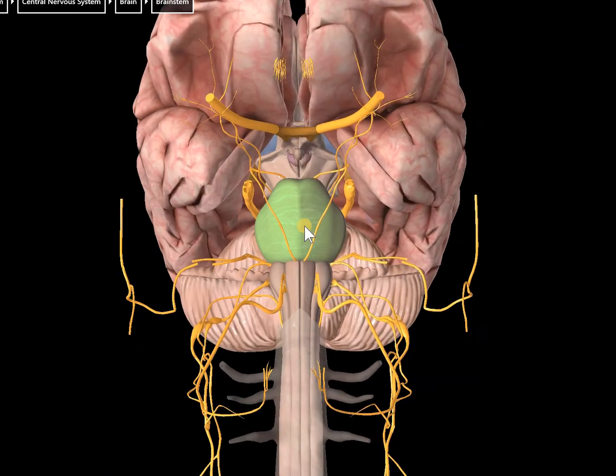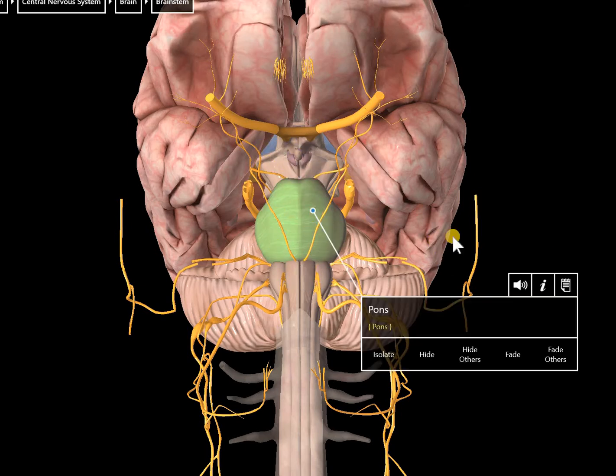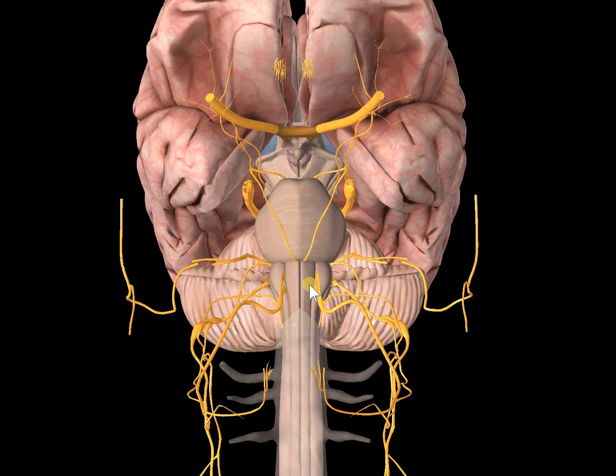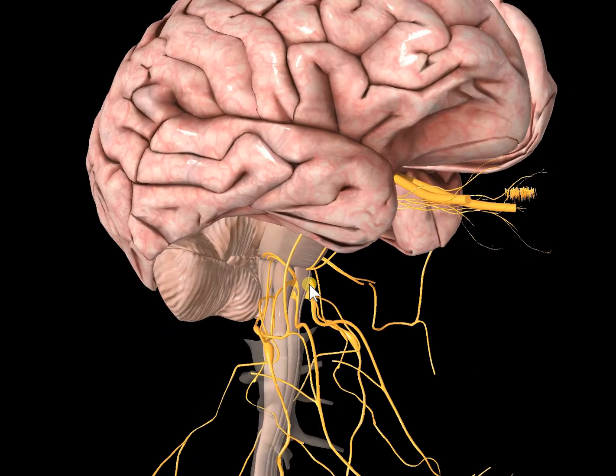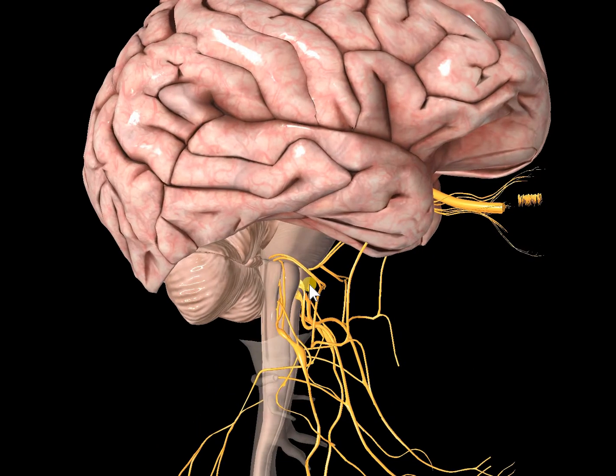Going back to the midbrain area, it's also known as the mesencephalon. So midbrain, pons, and then this structure here, all of this is the medulla oblongata. Here's a lateral view.